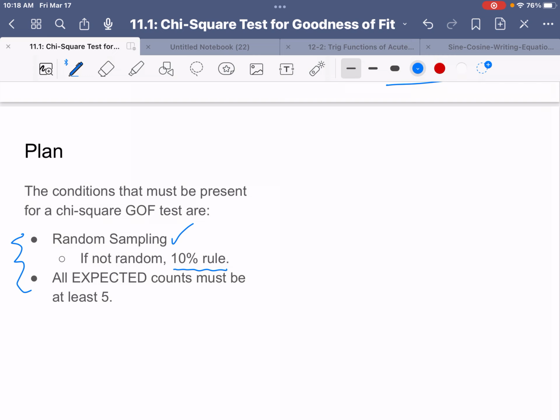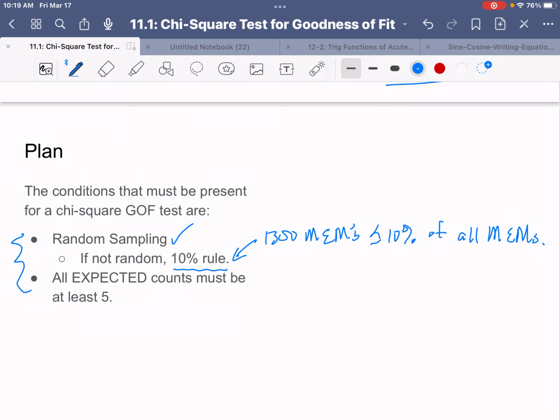So for ours, I'm not sure if these M&Ms were randomly placed into that big container that I used and placed them into cups, but I can say that 1,300 M&Ms is less than or equal to 10% of all M&Ms. Okay, so even though they may not have been a random sample, we can invoke the 10% rule instead.